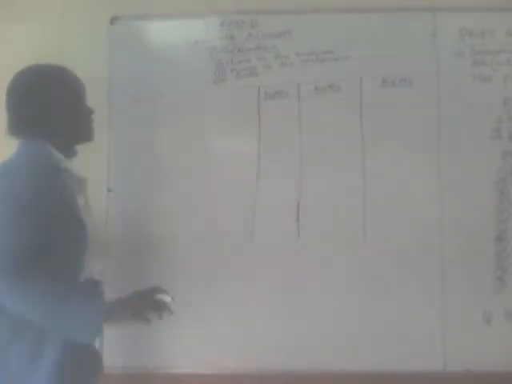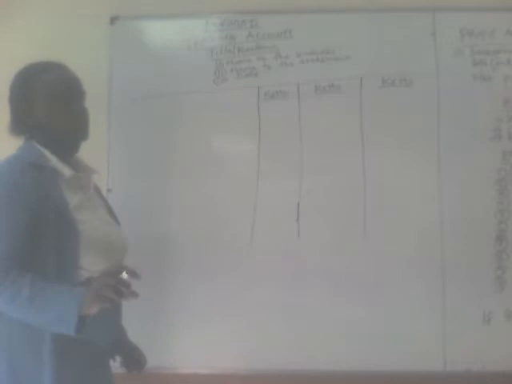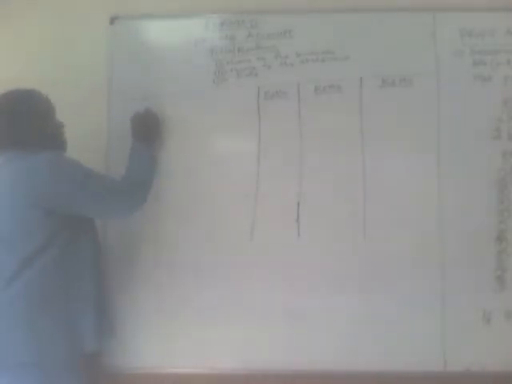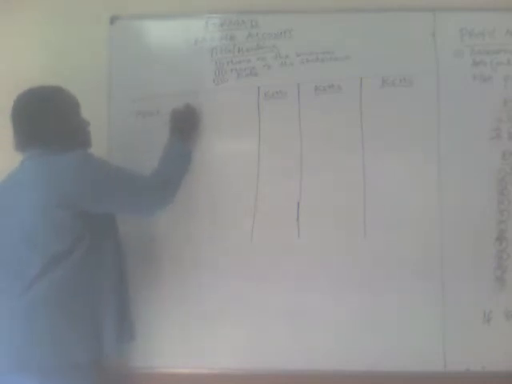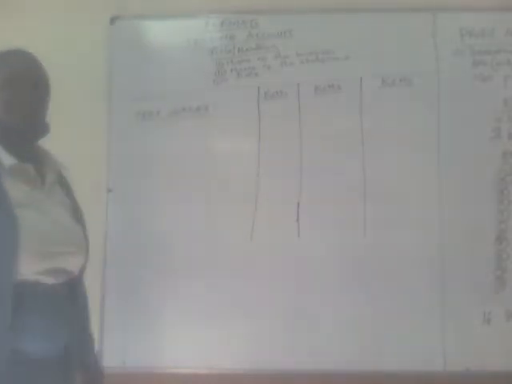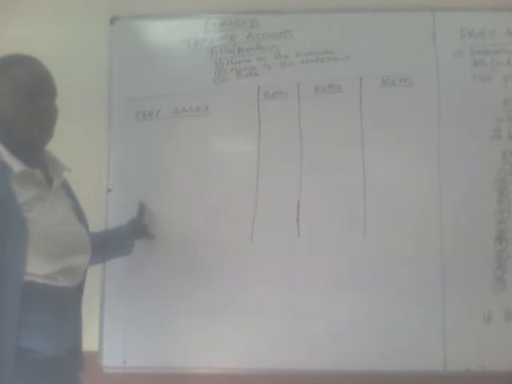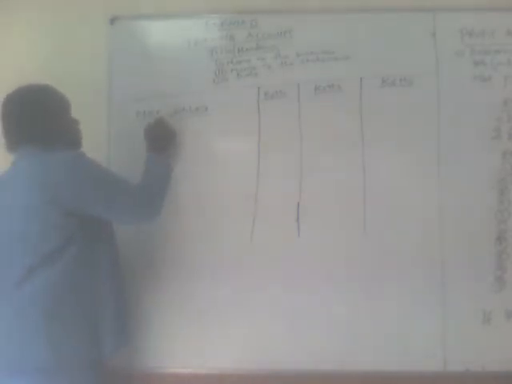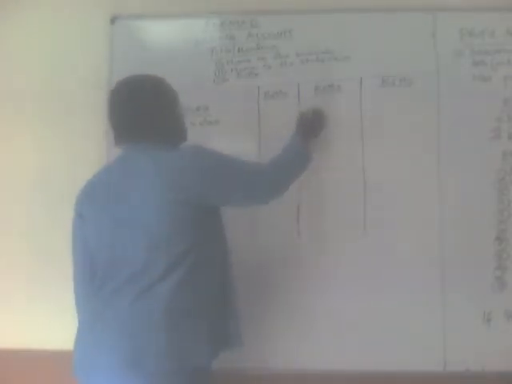Now, for the trading account, we said we start with net sales. So you write the net sales here. I gave you the formula, and now you calculate the net sales. We say net sales equals total sales. So you write the total sales in the second column.